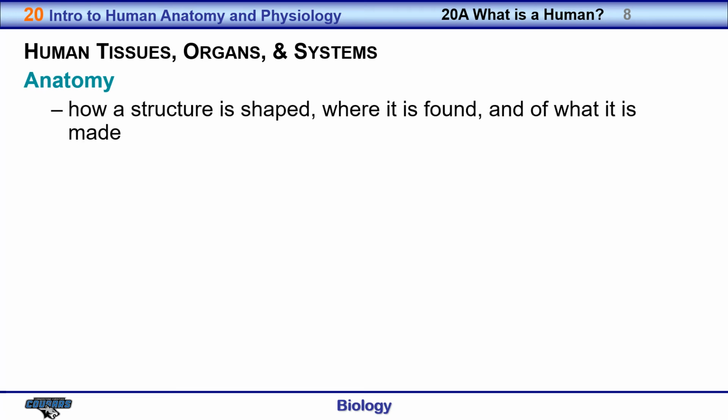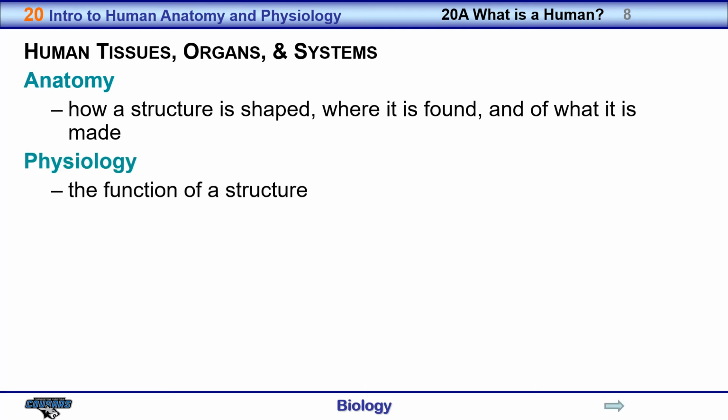We have the word anatomy, and anatomy is how a structure is shaped, where it's found, and what it's made out of. Where's your heart found, and what's it made out of? That would be the anatomy. And then we have another term that goes right with it: what's the function of that structure? What's the purpose of the heart? What does it do? So we have anatomy and physiology. In fact, we sometimes offer at the high school level a course in human anatomy and physiology.